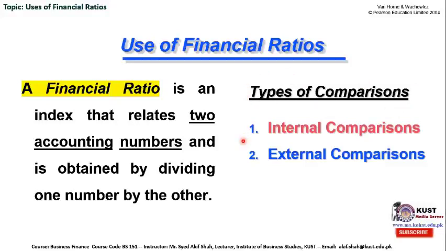First is internal comparison with its own ratios over a period of time, and secondly, external comparison, where somebody who is interested to invest money in this specific company can make external comparisons of different ratios of the company to know whether the investment will produce a certain return or they are going to lose their money. So internally as well as externally, financial ratio calculation and analysis is really crucial.